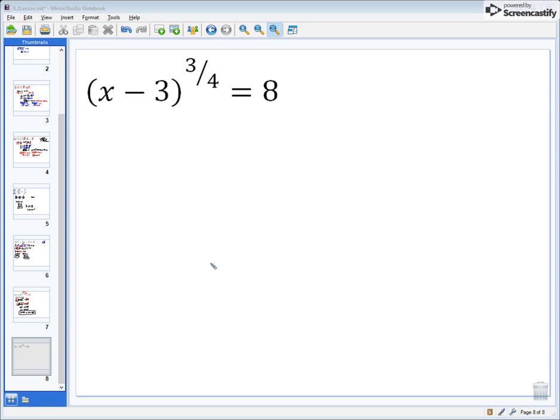Here's your second example like that. It's raised to the 3/4 power. Or in other words, the 3 is the power and the 4 is the root. So I could rewrite this as the 4th root of x minus 3, and that is being raised to the 3rd power, and that's supposed to equal 8.